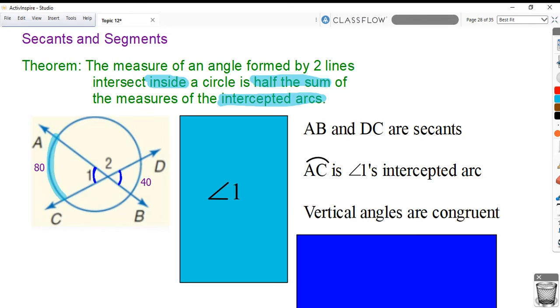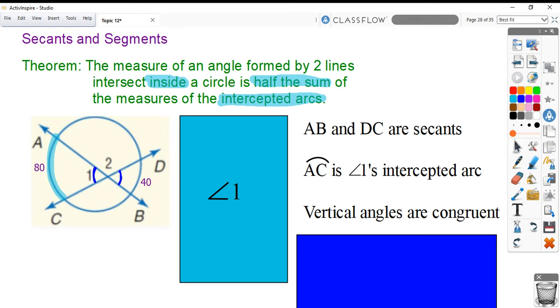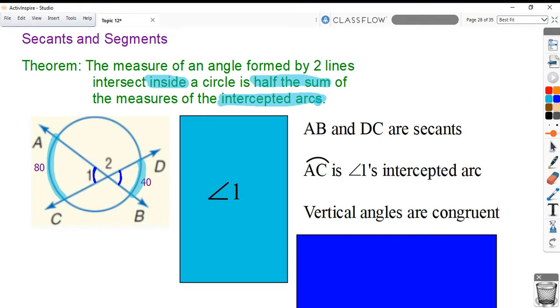Since those angles are vertical angles, we also are going to be dealing with this arc. Because we have two of those vertical angles, both of those intercepted arcs, you notice there's an S on the end of arcs right here. The reason that's there is because we are going to be dealing with both of those arc measurements.